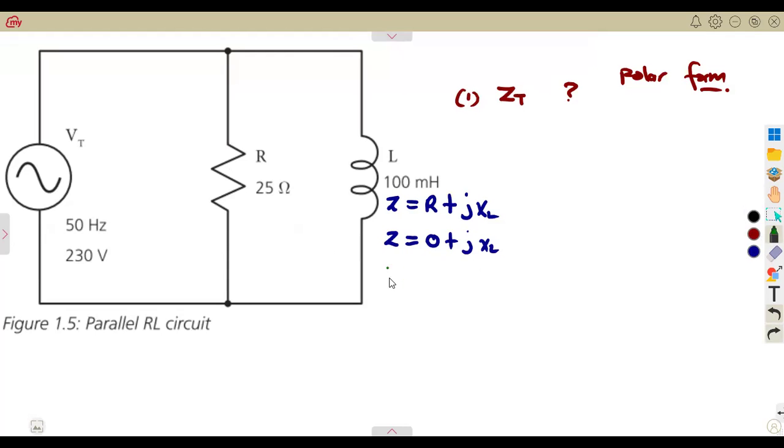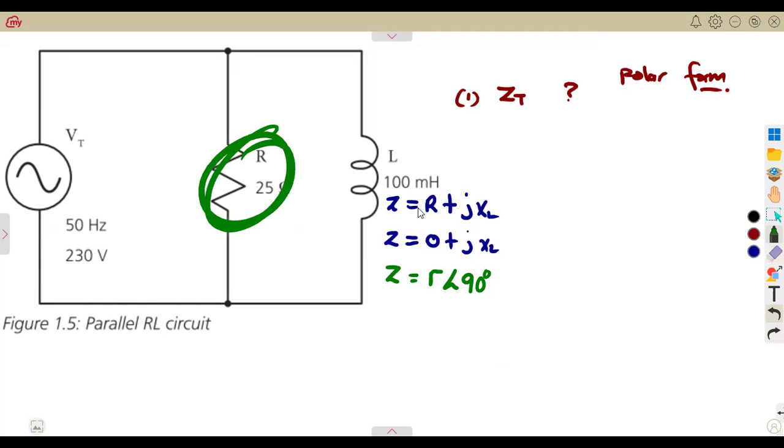The same Z that we're having here for a purely inductive circuit can also be written as R at an angle of theta in polar form. But we are not supposed to worry, because it's purely inductive. We know that it must be exactly at positive 90 degrees. If it was capacitive, it's going to be negative 90 degrees.